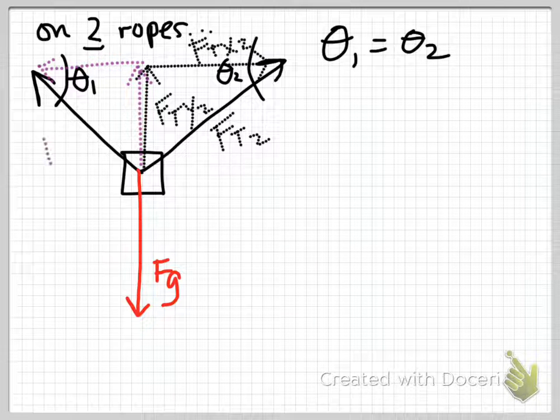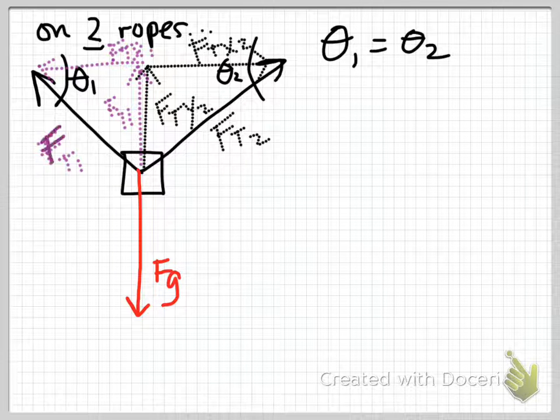But we also have force of tension 1, force of tension y1, force of tension x1. Those are darn near impossible to read. I apologize. Force of tension 1, force of tension y, force of tension x.